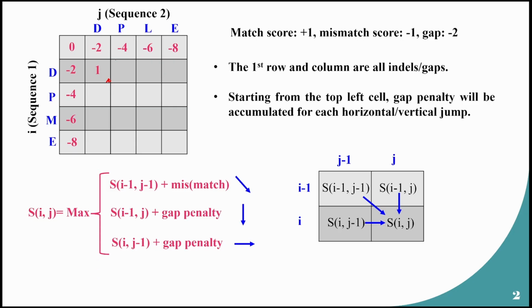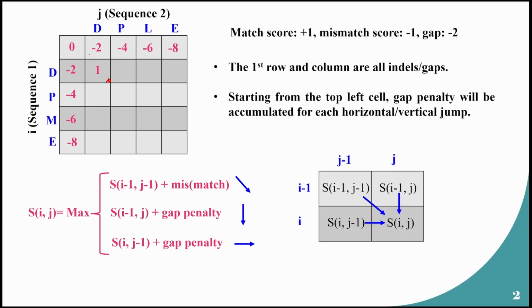For example, in this case, 0 plus a match of +1, so 0 plus 1, would be the best score, because if you start from -2 and then go for a gap, it will be -4, for both horizontal and vertical, but the diagonal one was a match score of +1. So we give this particular cell a score of +1, right?